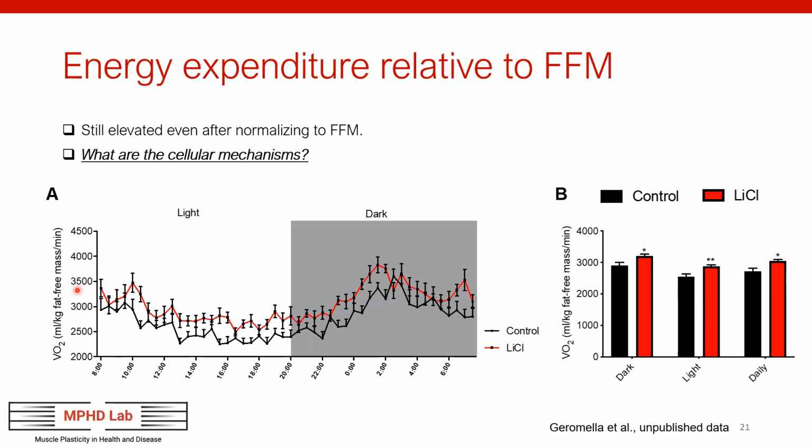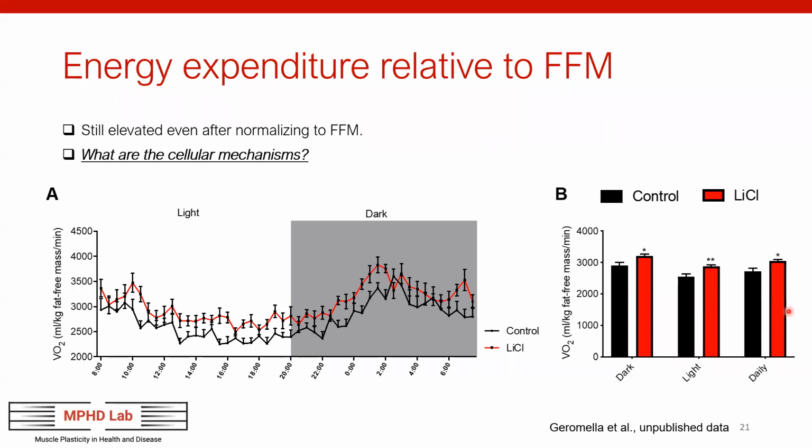It's really applicable. And we can see that despite normalizing to fat-free mass, which is a highly metabolic tissue, energy expenditure is still elevated in the lithium chloride group. Again, the red lines here, we can see this is statistically significant in the bar graph shown in B, in the dark phase, the light phase, and the 24-hour daily period.